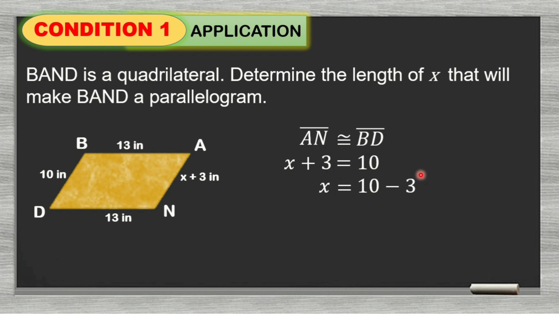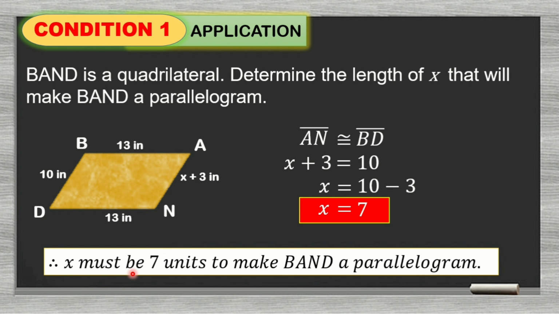So, this becomes x is equal to 10, then nilipat natin or transpose natin yung positive 3 kaya naging negative 3. And then, simplify. So, we have x equals 10 minus 3, which is equal to 7. Okay, so yan yung value ng x. So, pwede na tayo gumawa ng conclusion.